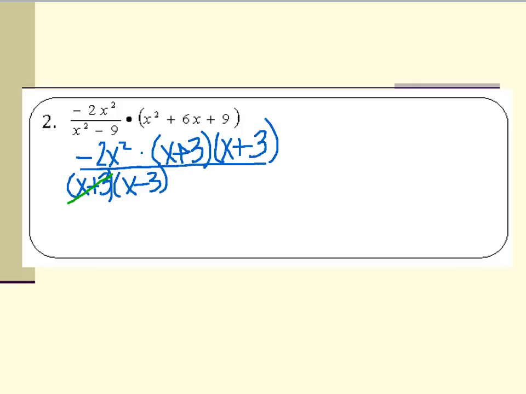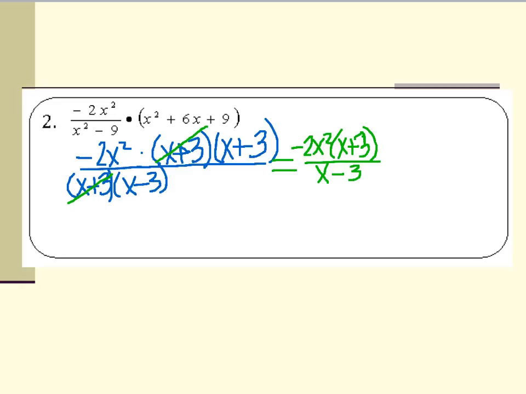You can't cancel them both. You can only cancel one of them out. So now I'm left with negative 2x squared times the quantity x plus 3 on the top, and on the bottom I'm left with x minus 3. And as I said before, you cannot leave this top in this form. You could leave the bottom like this, but the top you can't leave like that.